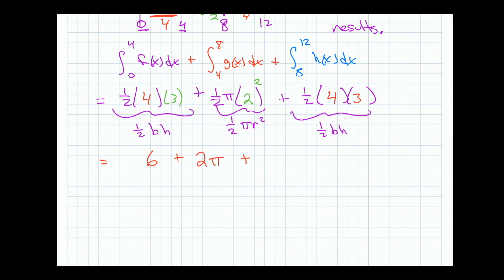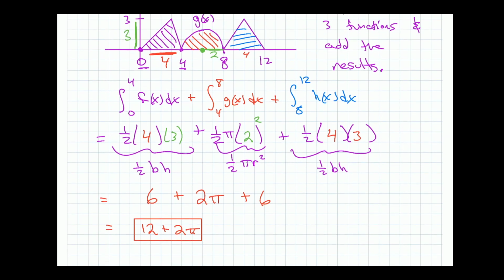Last one, another 1/2 times 4 times 3, so that's another 6. So the result here is 12 plus 2 pi. You can't simplify that because 12 is not like terms with the 2 pi. So you just write 12 plus 2 pi and then that's your answer. Okay?